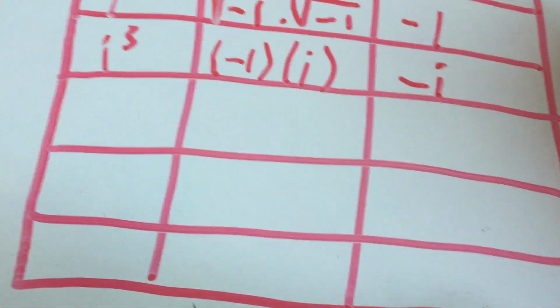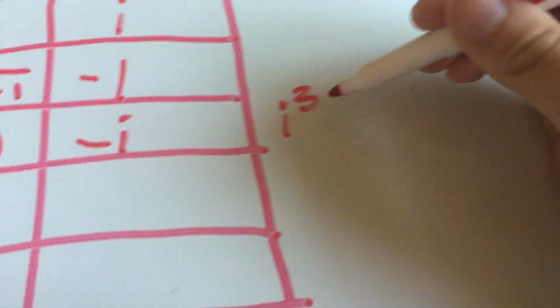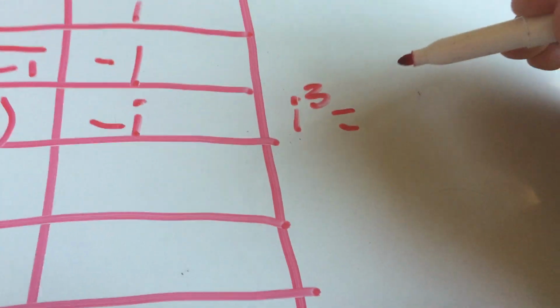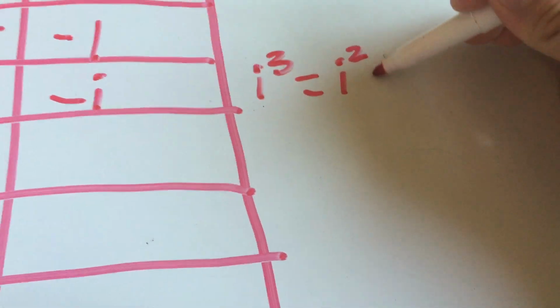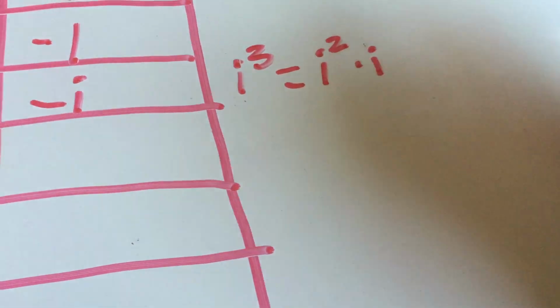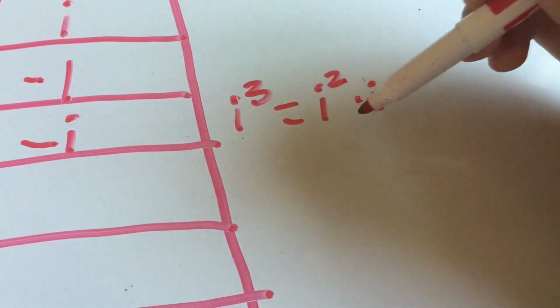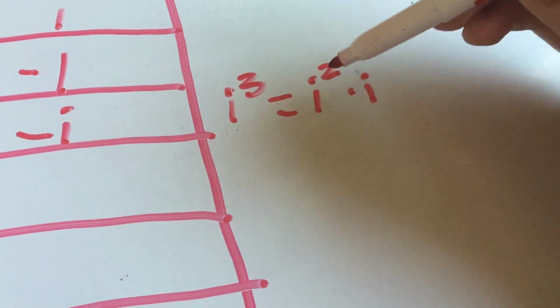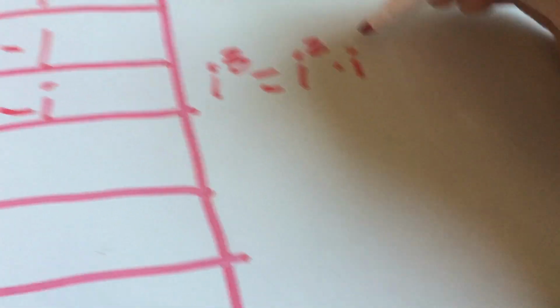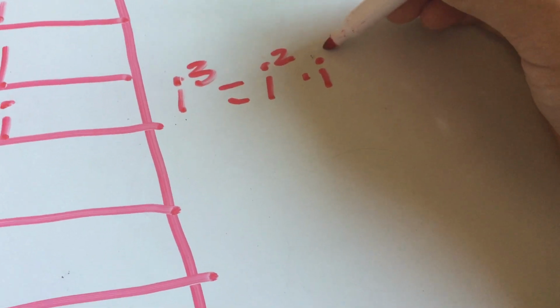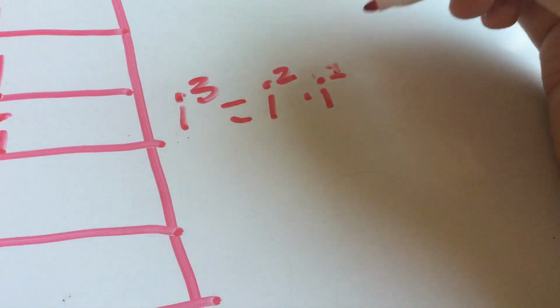You can also write i to the power of 3 as i to the power of 2 times i to the power of 1.